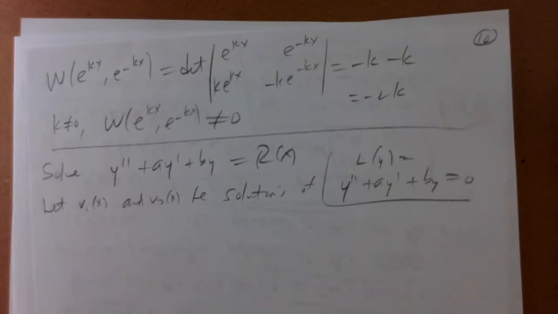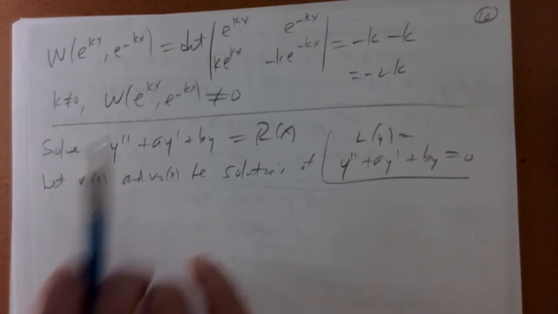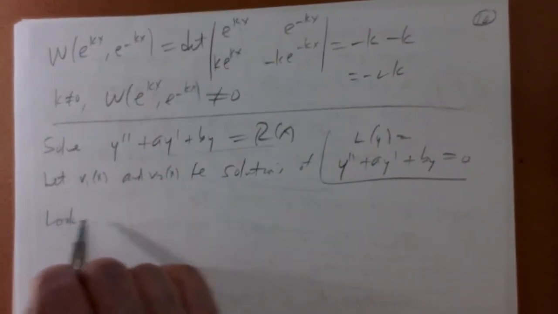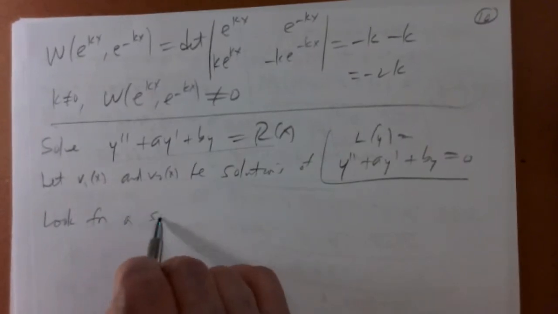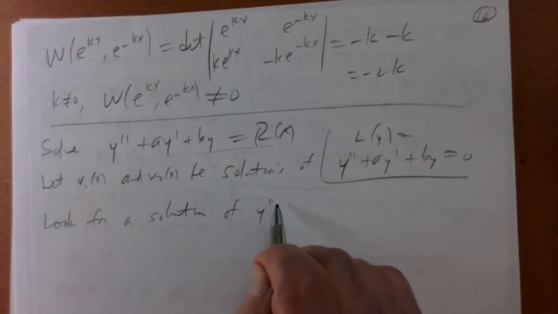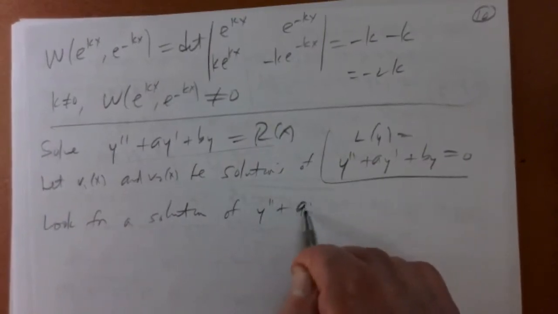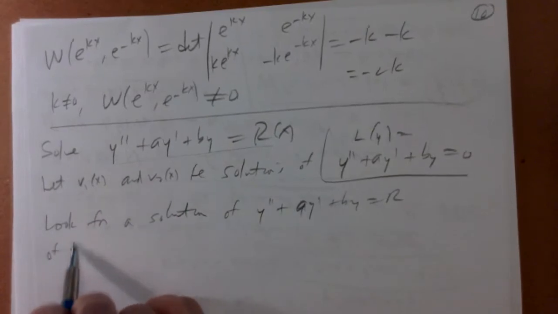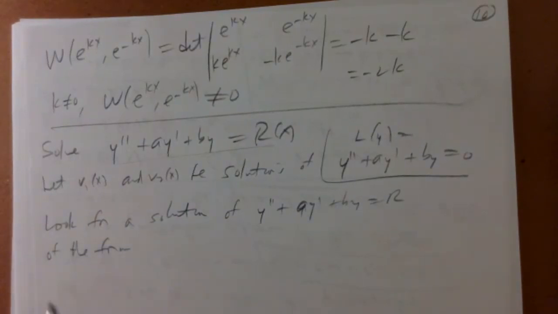So we're going to try to use a technique called variation of parameters to solve this equation. So we look for a solution of my differential equation of the following form.